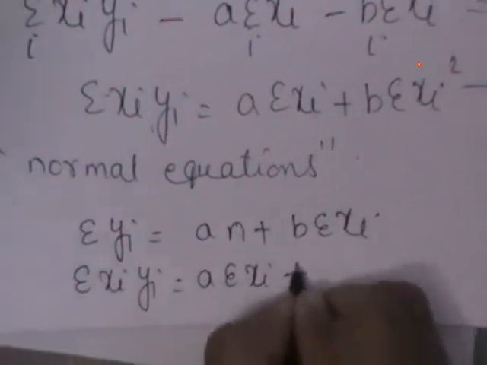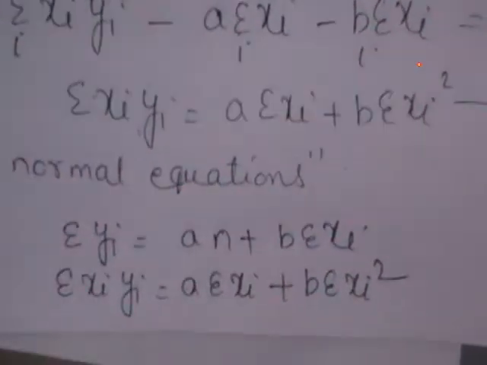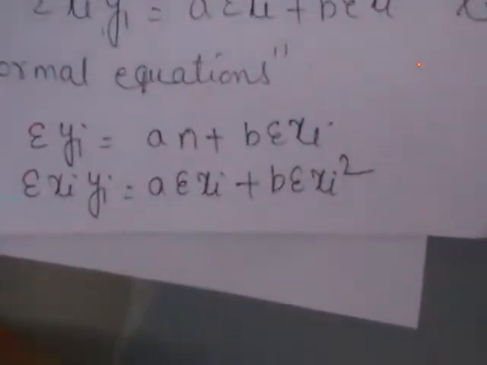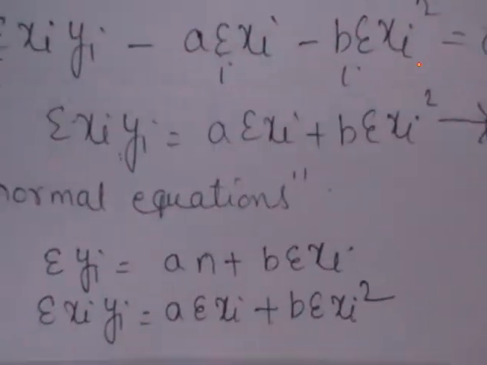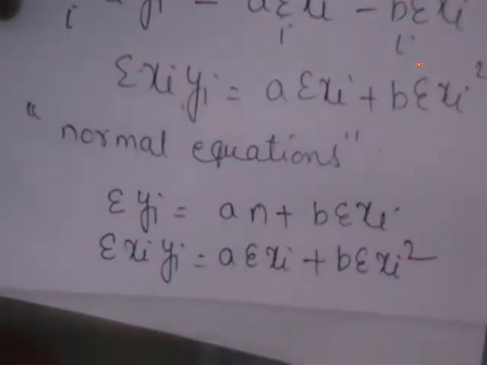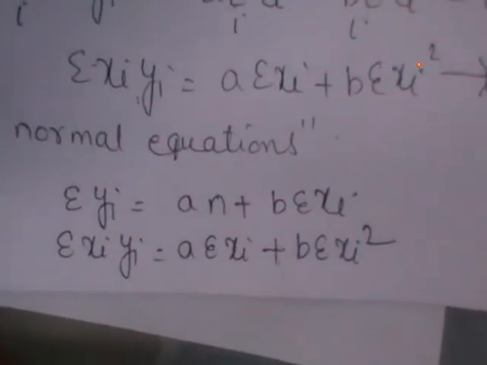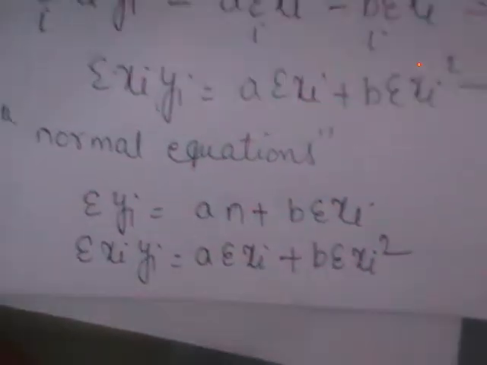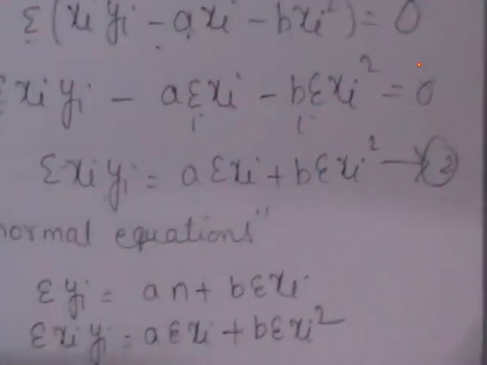What is your main purpose here? You are fitting a straight line. In fitting a straight line, what is the form of the straight line you have considered? Y is equal to a plus bx. What are the two constants there? A comma b. Now in the beginning I said you need to find out a comma b. To find out a comma b, we are using the principle of least squares, which consists of minimizing the error sum of squares.